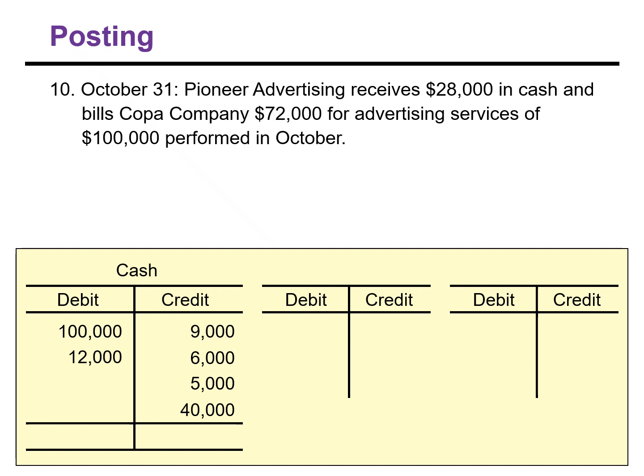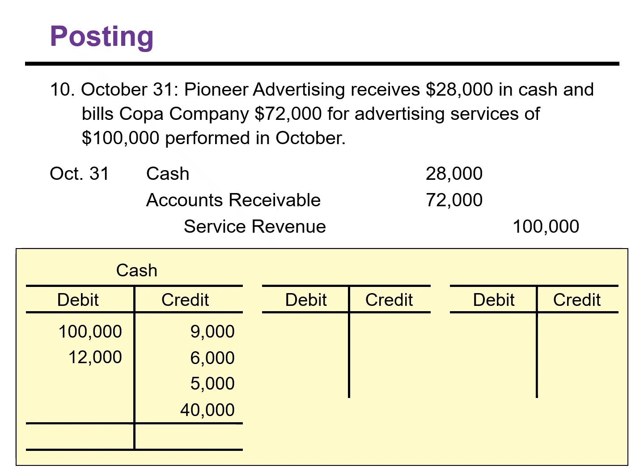We received $28,000 in cash and billed Copa Company $72,000 for advertising services of the $100,000 performed. So we got $28,000 in cash, and we billed them for the rest, $72,000.